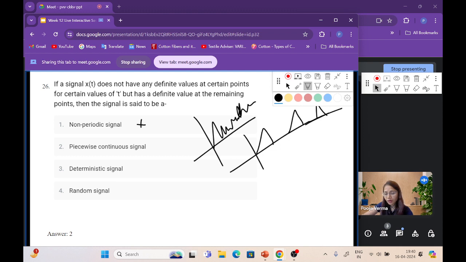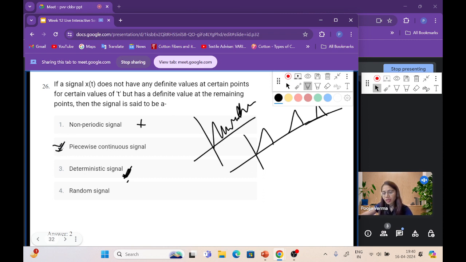Now also we know what a deterministic signal is. A deterministic signal is a signal that has no uncertainty with respect to its value at any instant of time. It does not have a certain value, but it is defined at certain points, and at certain points it is not defined. So it is a piecewise continuous time signal, it will be said. Okay.